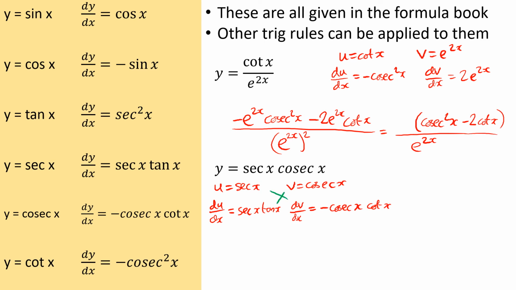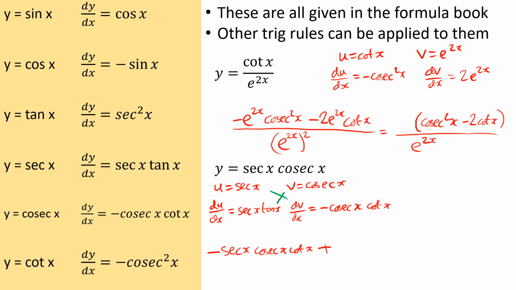So we would have u dv, because this is product rule now. So we'd have minus sec x cosec x cot x, plus v du.